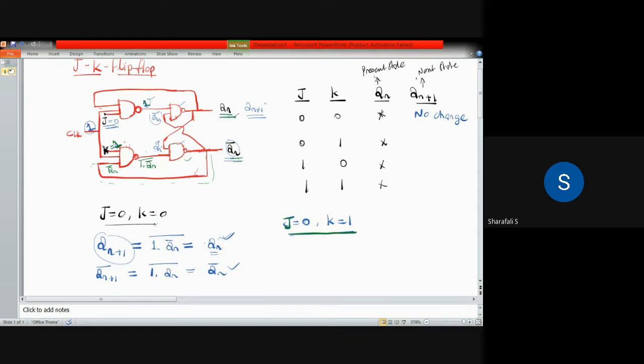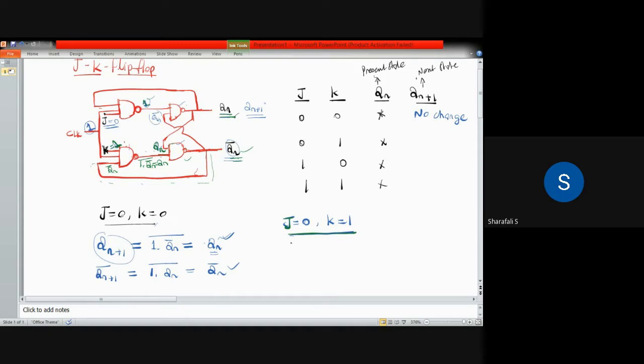So this Qn will be coming here. Then we have the product. So 1 dot Qn bar whole bar will be equal to Qn. So this terminal has Qn, this terminal also has Qn, so the output will be Qn bar.